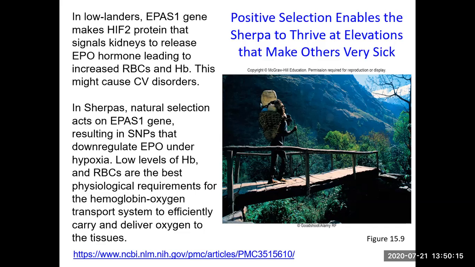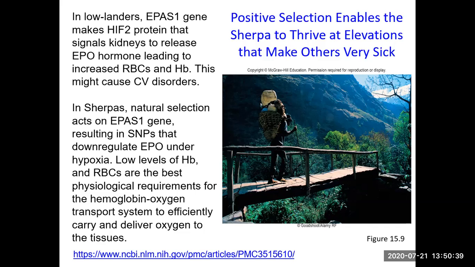All those red blood cells are trying to get a lot of oxygen from the air, but your body is not prepared to transport that oxygen to every cell and tissue. So it really doesn't work very well, and actually it has an adverse effect. This could cause heart problems, cardiovascular disorders. The person might get a heart attack also.